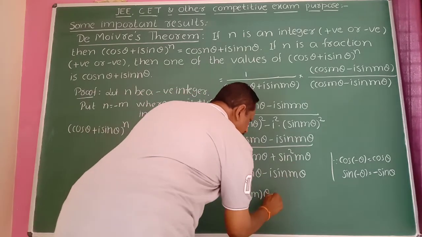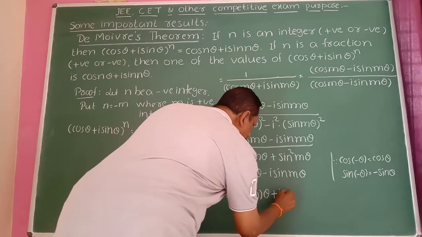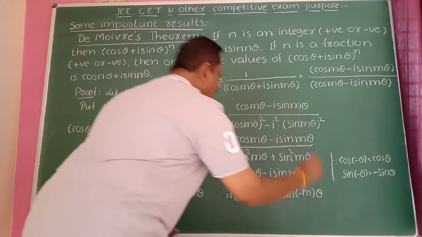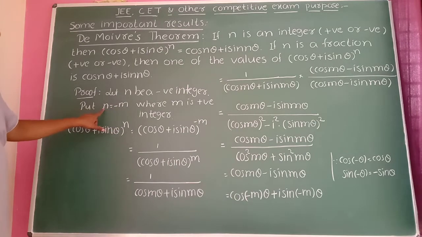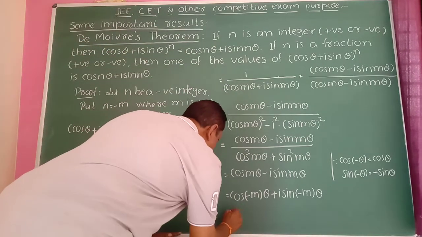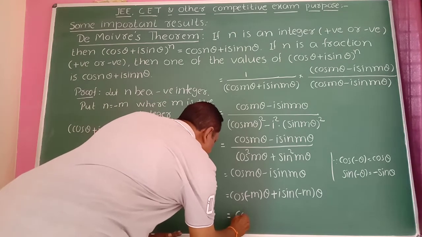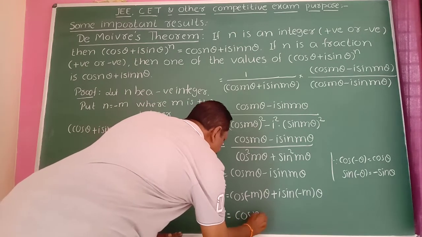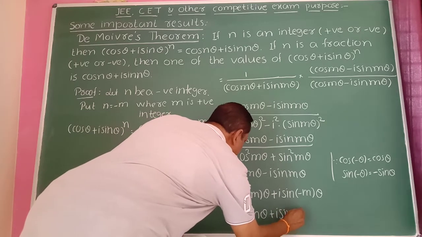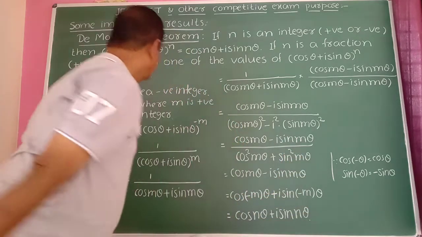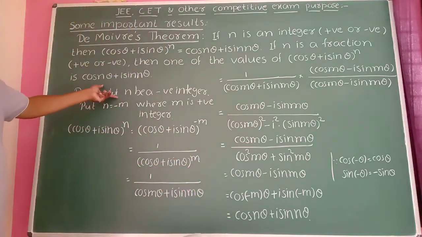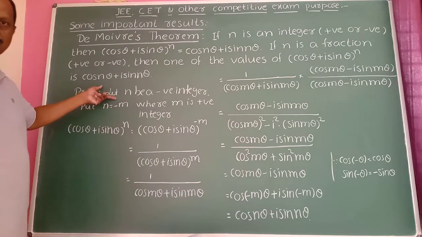Minus i sin m theta is plus i sin(-m theta). But minus m is what here? n. So replace here. Therefore this is equal to cos n theta + i sin n theta. So LHS is equal to RHS. Again it is true for any negative integer also.